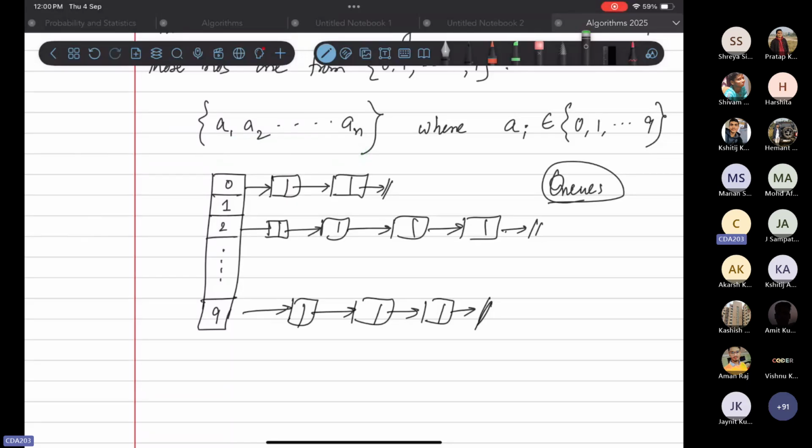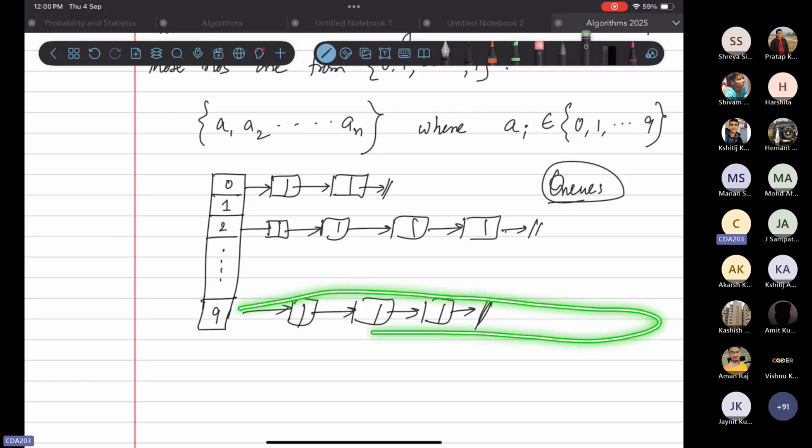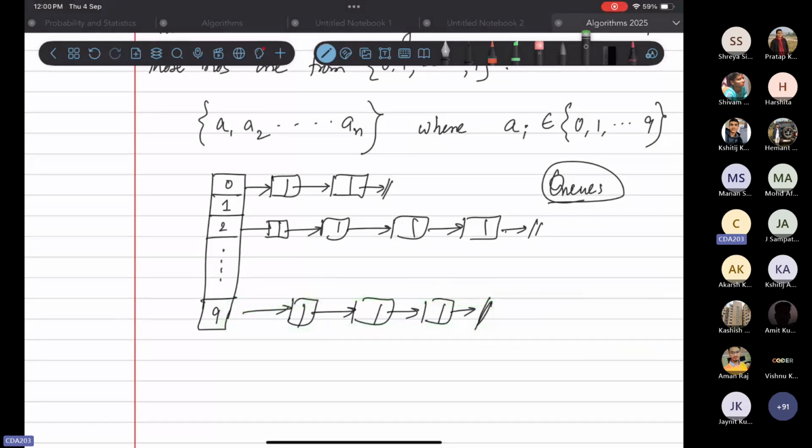Suppose out of all these n numbers, I have only one zero. Then the size of this list will be one. Or rather, if I have 55 nines, then the list corresponding to 9 will be of length 55. So these linked lists will be of different sizes.